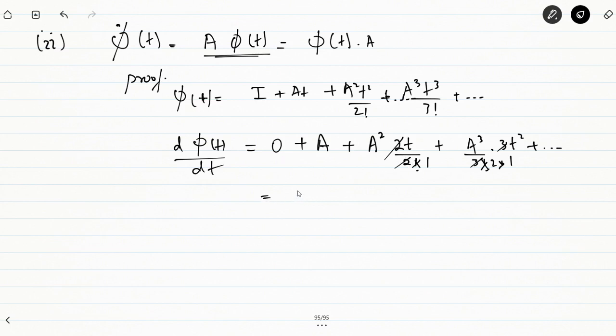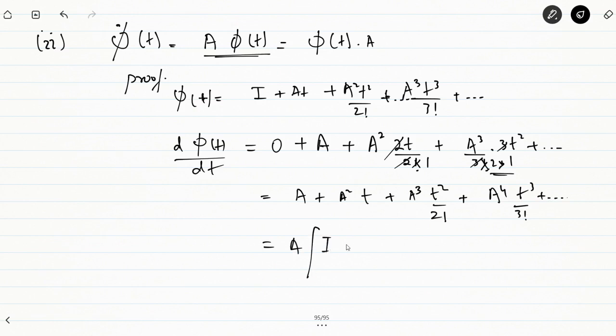So this becomes a plus a square t plus a cube t square by 2 into 1 can be written as 2 factorial plus a4 t cube by 3 factorial plus so on. So इसमें से a common निकाल के, once we take out a common from this will become I plus at plus a square t square divided by 2 factorial plus so on. Since we know this term is nothing but phi of t.